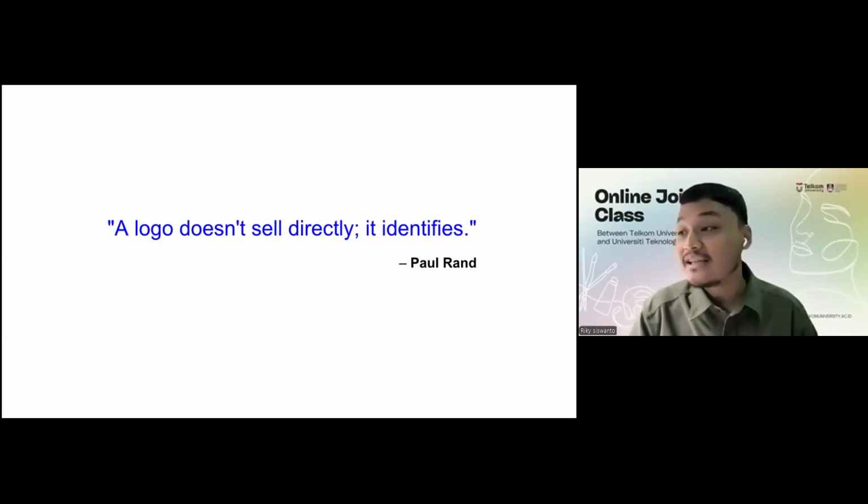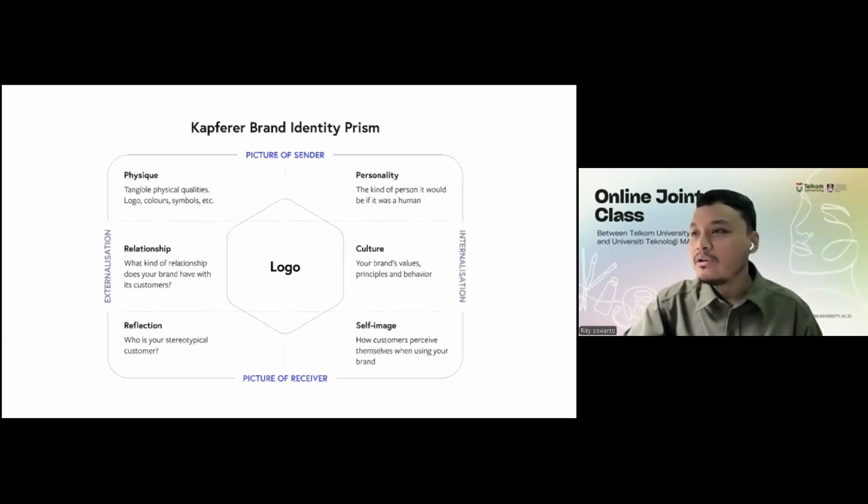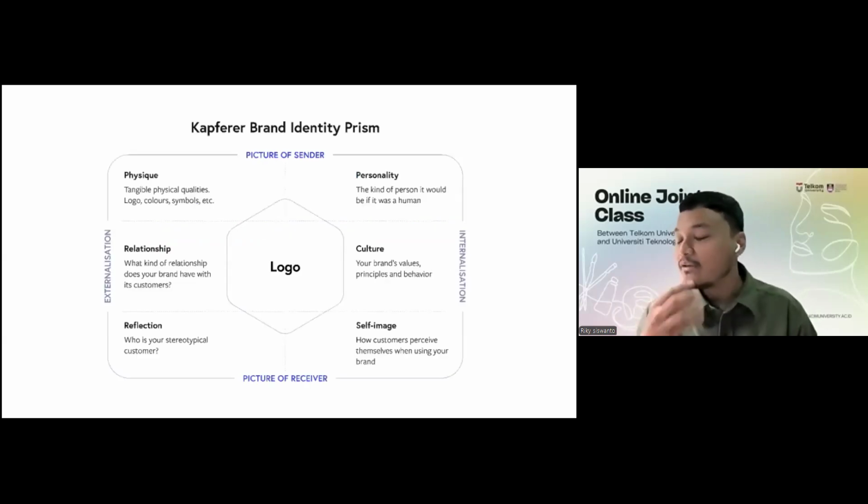Well, don't get me wrong. It's actually related, because the point of having a logo is to identify the brand. And if we're talking about brand, we're also talking about logo. We're always talking about the brand.